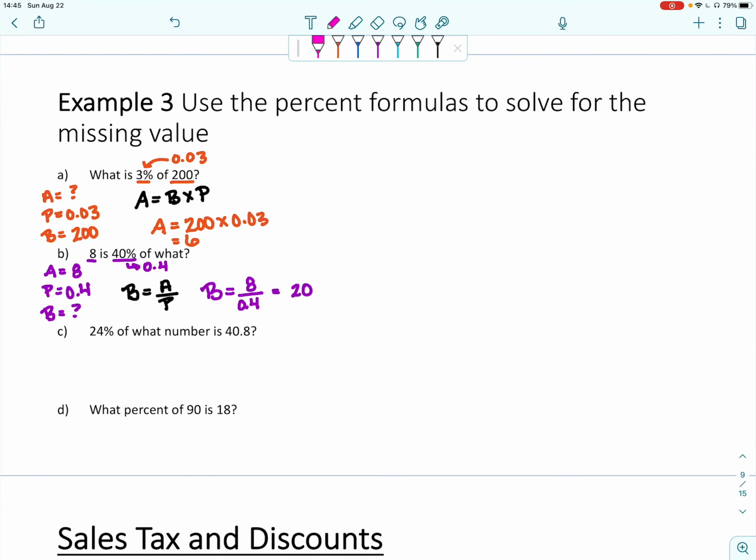Twenty-four percent of what number is 40.8? So again, 24% of what number is 40.8? So 24%, I can write that as a decimal, and that's going to be P because that was the percentage.